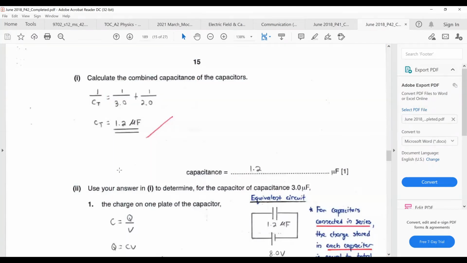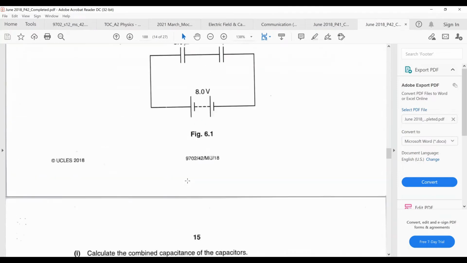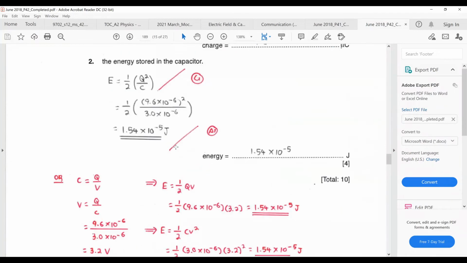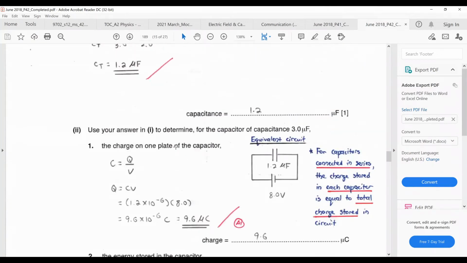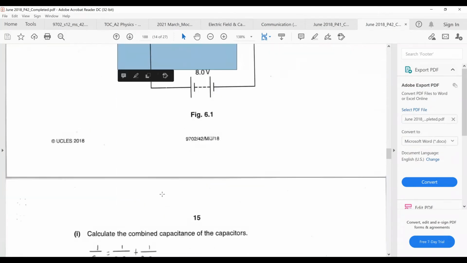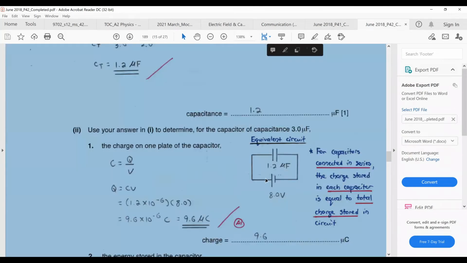Now use your answer in 1 to determine, for the capacitor with capacitance 3 microfarad, the charge on one plate of the capacitor and the energy stored in the capacitor. So this circuit that you have here can be simplified to this.